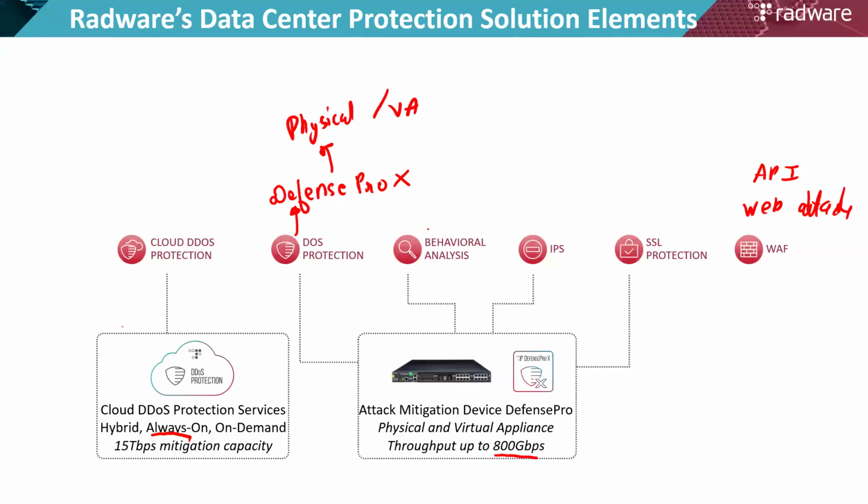Then within the Defense Pro itself, we have a patented technology known as behavioral technology or behavioral DoS. It protects you against DoS kinds of attacks, which we will go into in depth tomorrow, where we can learn how new attacks can be mitigated. Let's suppose any new attack is coming to the Defense Pro.